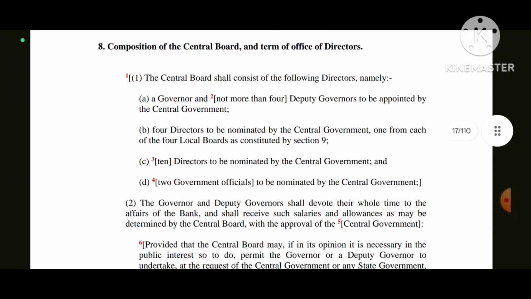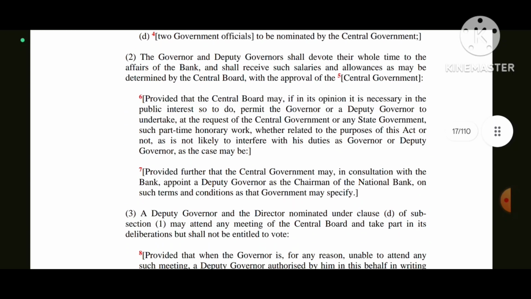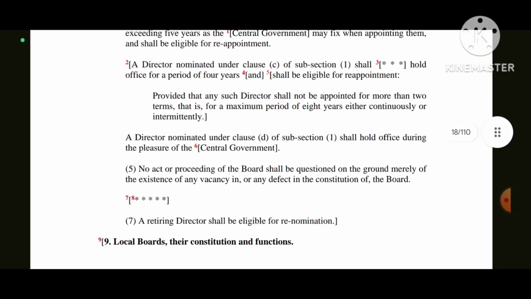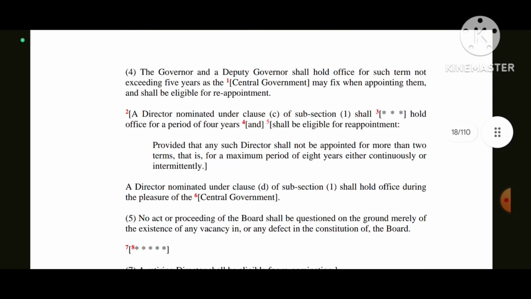Then the 10 directors to be nominated, their tenure will be for 4 years and they can be nominated for a maximum of 2 times and for a maximum of 8 years. And the other 2 government officials, their tenure can be decided upon by the pleasure of the central government. If they want, they can send another 2 officers in place of them.